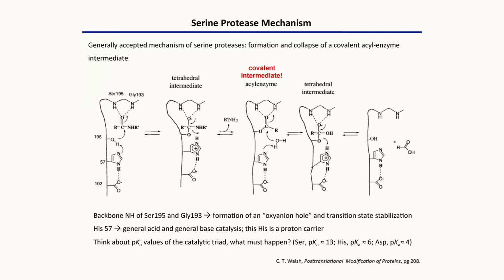Okay, so in thinking about this, we think about the histidine as being a general acid, general base involved in general acid-base catalysis, a proton carrier. We see this oxyanion hole providing stabilization here and here, right? We have this negative charge.